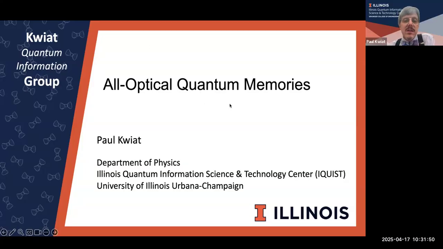Okay, yeah. So thanks for the opportunity to come and talk a little bit about one of the other key elements of this type of architecture. I've changed my title just a little bit as I always do, assuming this works.